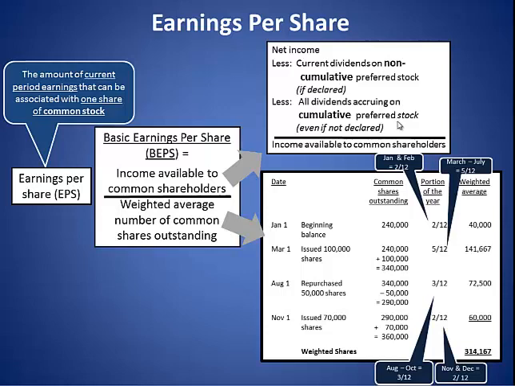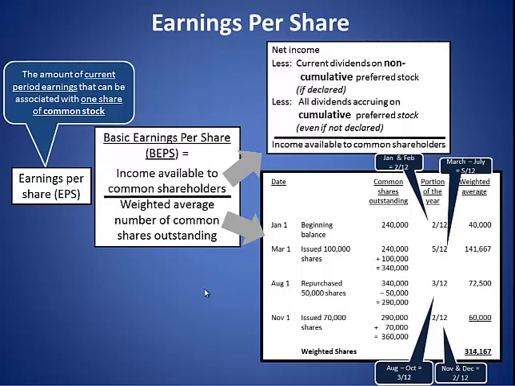In other words, before any common stockholders are paid anything, the cumulative preferred shareholders have to be paid first. So in the case of cumulative preferred stock, even if dividends are not declared, we still subtract those dividends out. And those two elements subtracted from net income equals the income available to common shareholders.